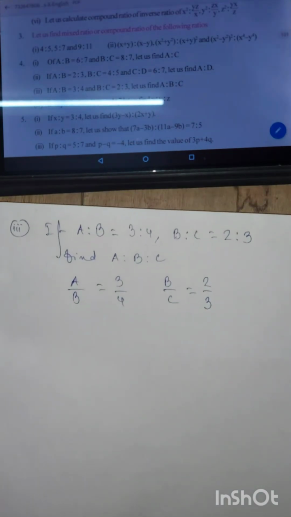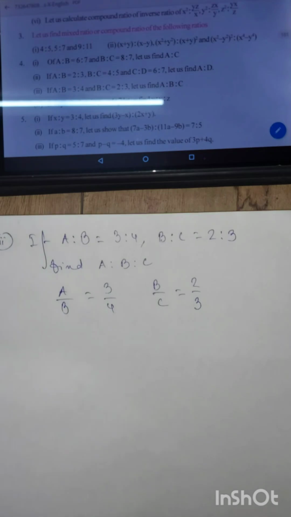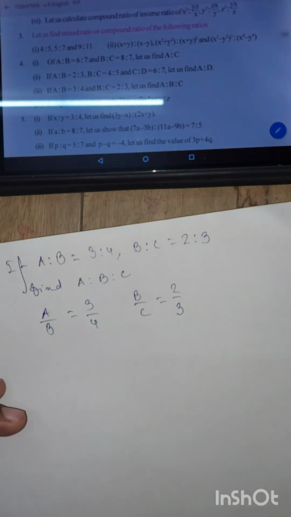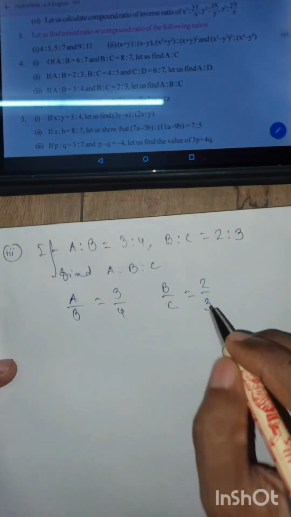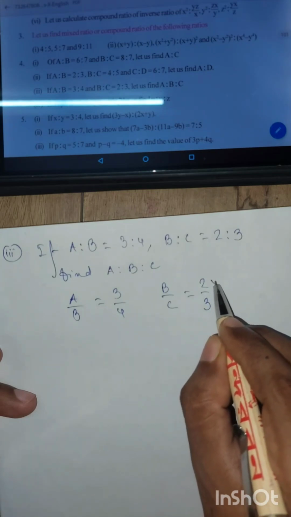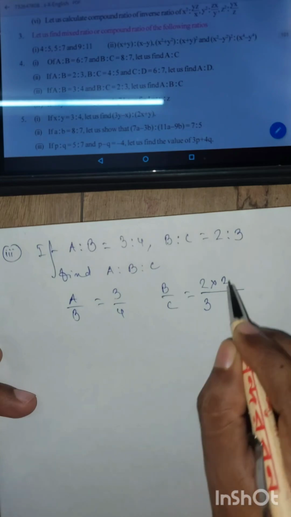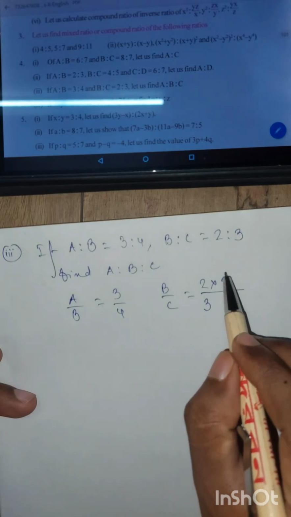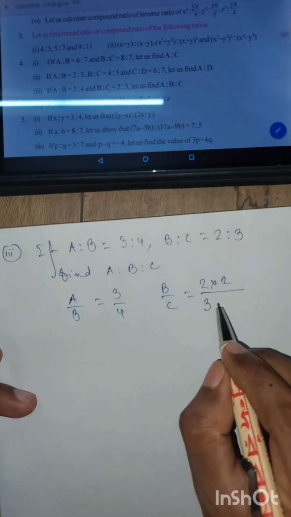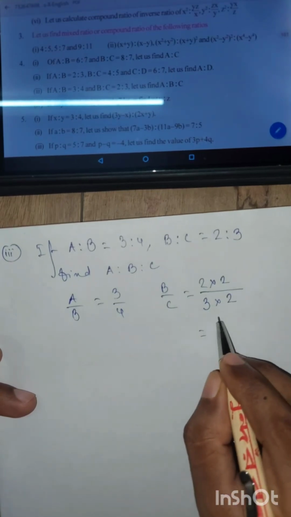Now we need to make the B equal in these two ratios, and for that we can simply multiply 2 by 2, so it becomes 4. And to keep the ratio unchanged, we need to multiply the denominator also by 2, so it becomes 4 by 6.